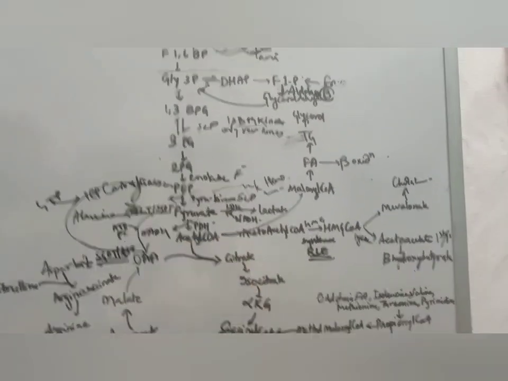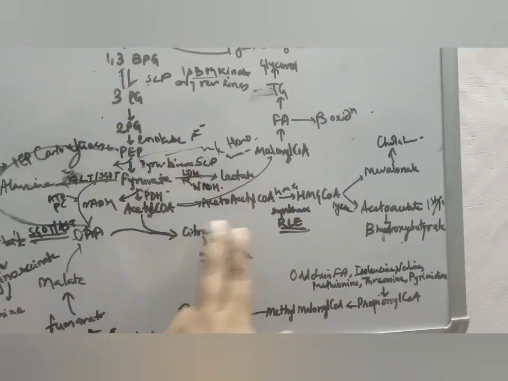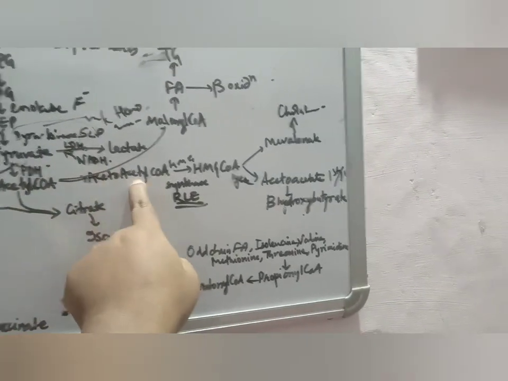So thiolase is where 2 acetyl coenzyme A will combine to form acetoacetyl coenzyme A. You can see that there are 2 acetyl coenzyme A, but only 1 coenzyme A in the product, so some reaction is happening here.